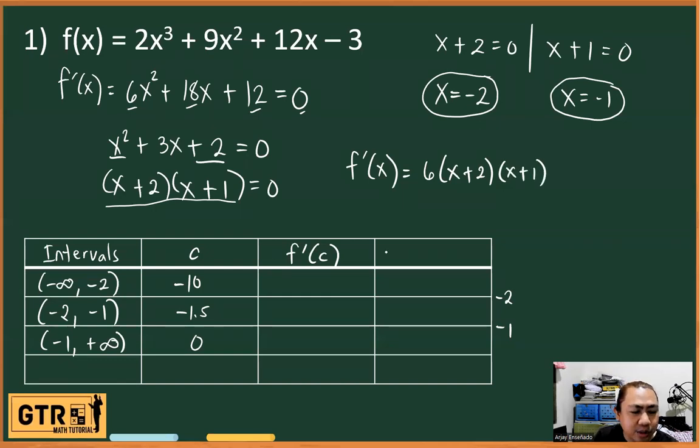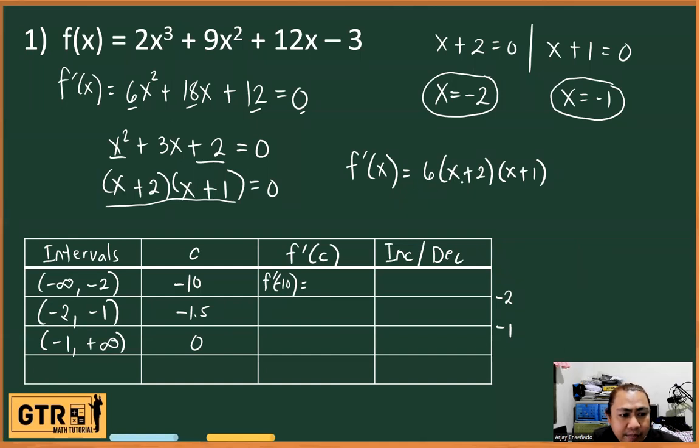Just substitute to determine if the function is increasing or decreasing in the interval. We are only interested in the sign: if positive, it is increasing; if negative, it is decreasing.